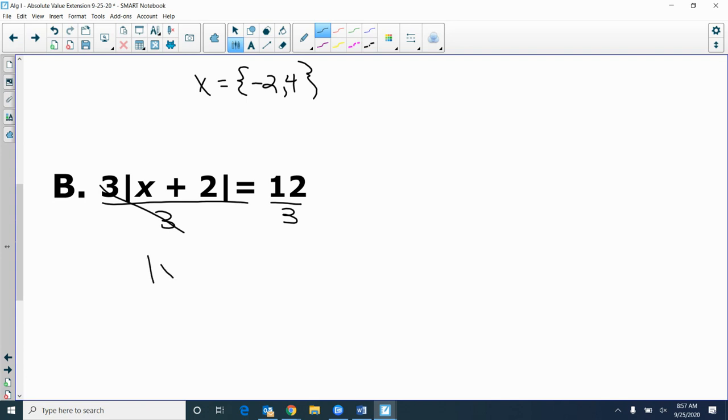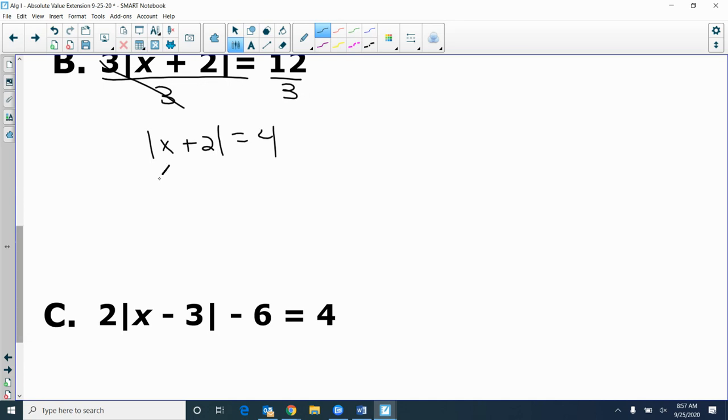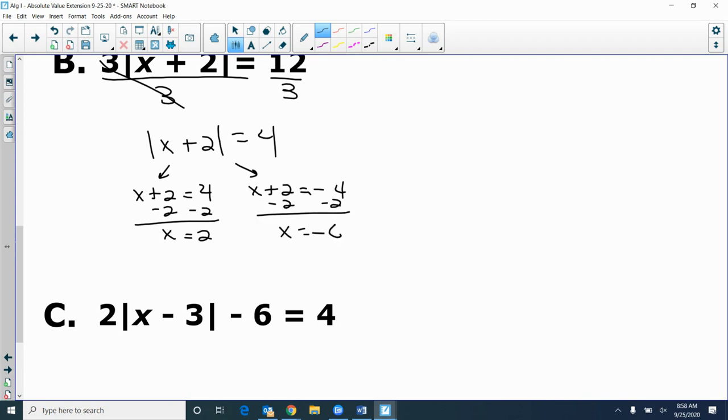Those cancel. Absolute value of x plus 2 equals 4. And then break it apart into x plus 2 equals positive 4, and x plus 2 equals negative 4. Now subtract 2, I get x equals 2, and x equals negative 6. I get negative 6 comma 2. So 2 answers.